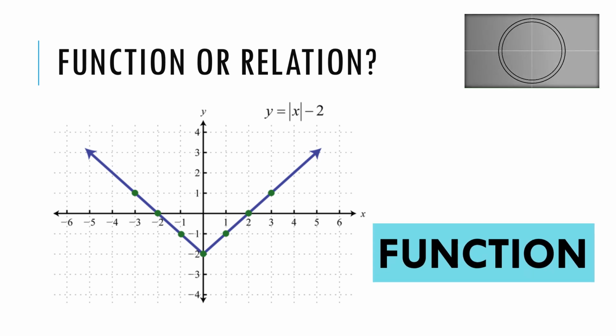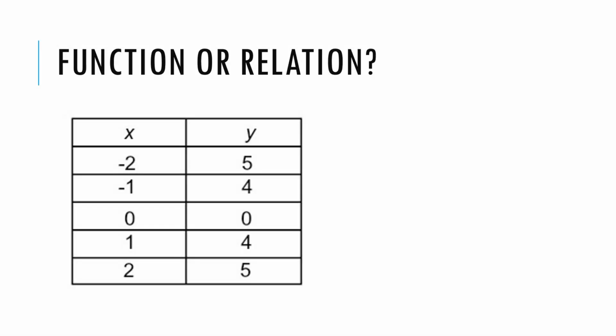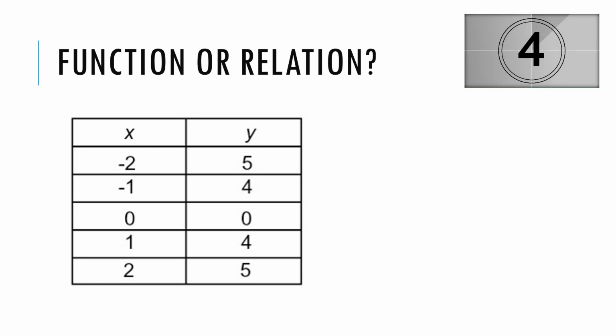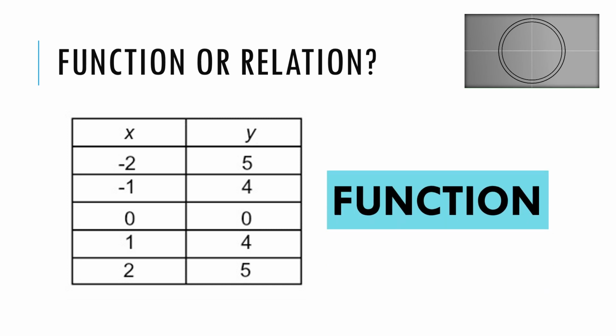Okay, so this is a function. Next. Function or relation, given this table of values. 5 seconds to answer. Okay, so this is a function kasi yung mga values ng x ay hindi naman inulit. So, function siya.